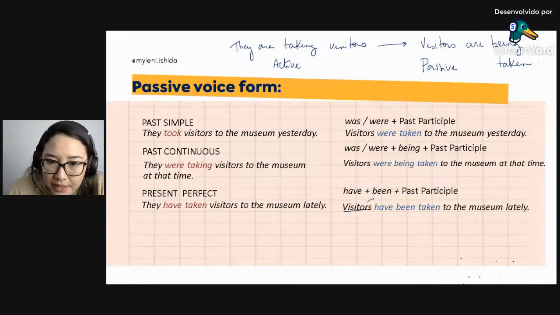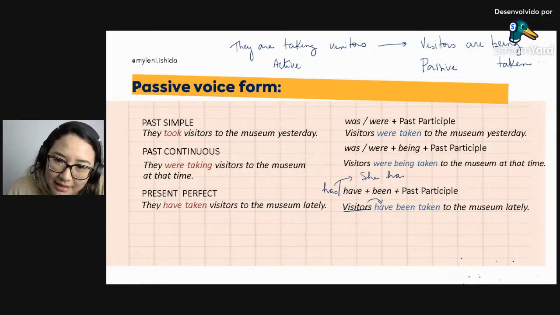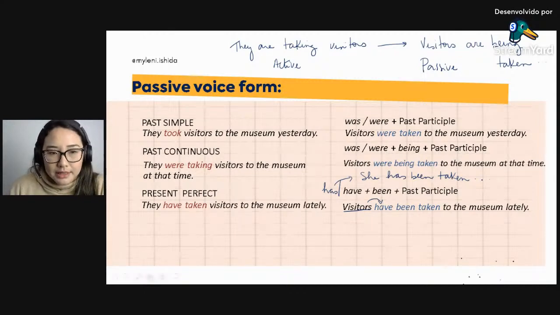Because I have visitors, I use have. But here it is has or have, just like here it is was or were, right? If I had a woman, she has been taken. I have to conjugate accordingly, right?